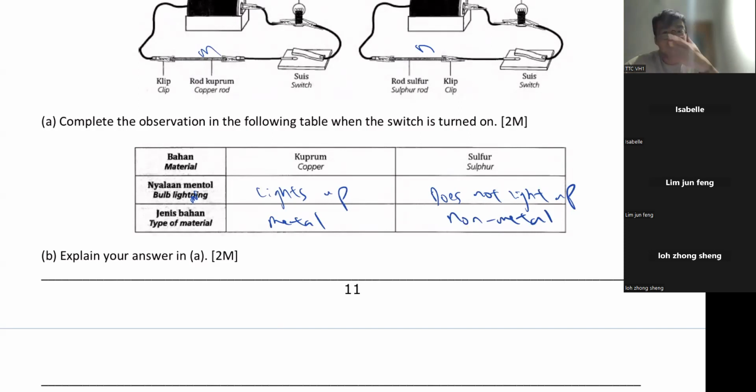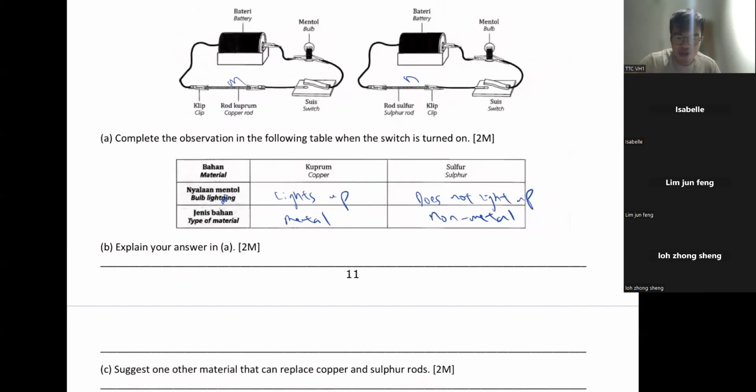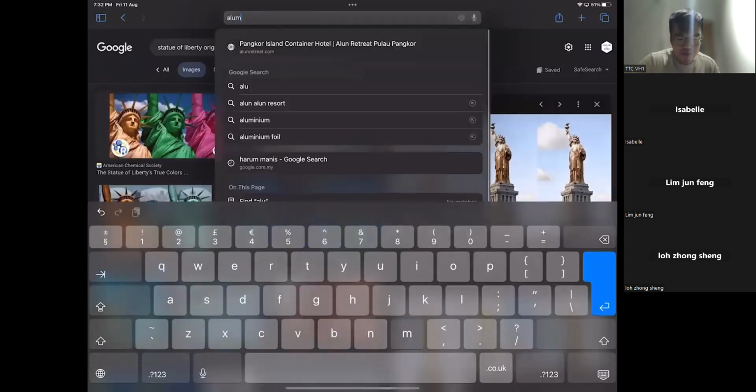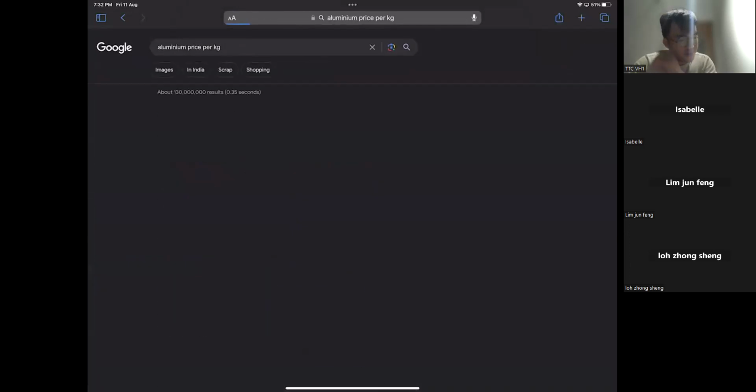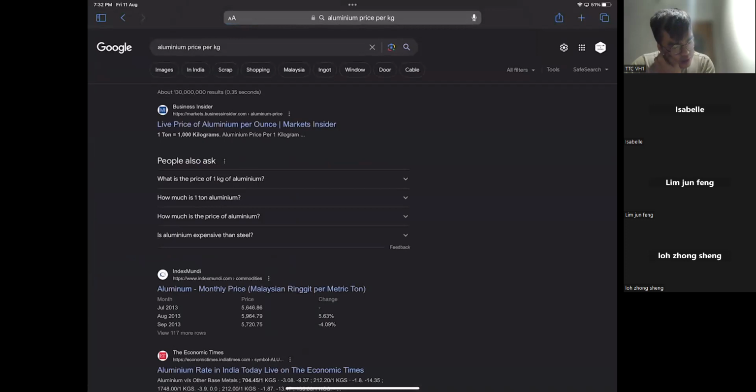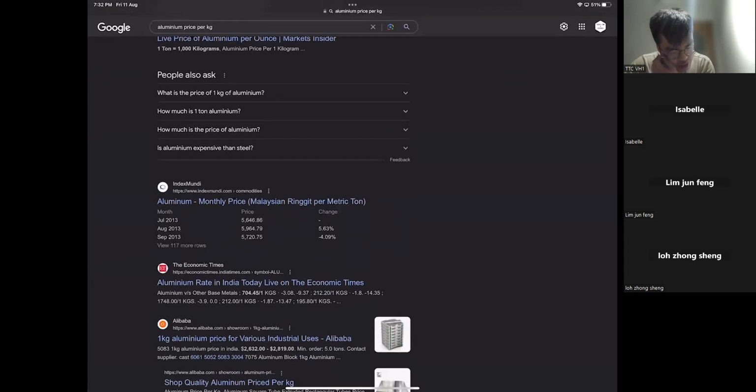We use aluminum. Do we? I think we use copper, right? I think pylons we use copper, right? Oh, is it? I think aluminum is more expensive though. Wait, let me check. Aluminium price per kg. Okay, per kg is 5,000 plus. Oh no, this is 2013.